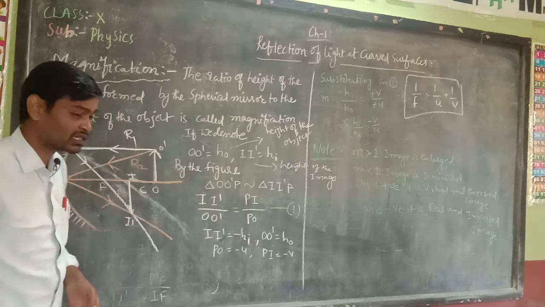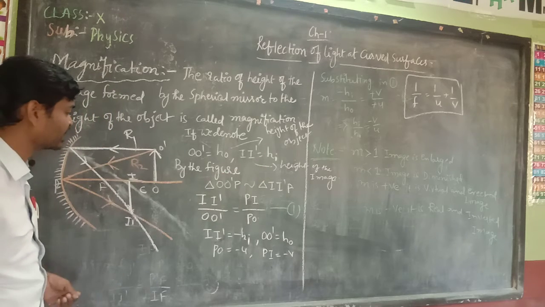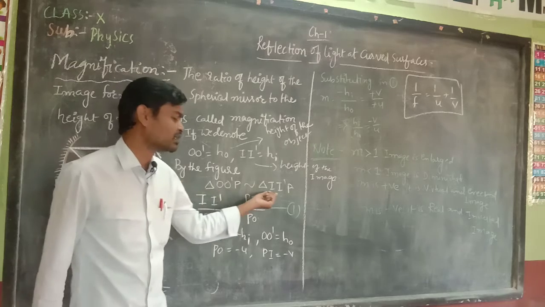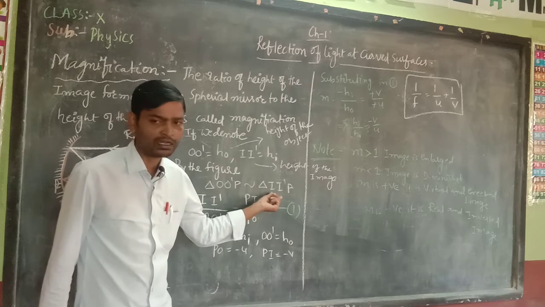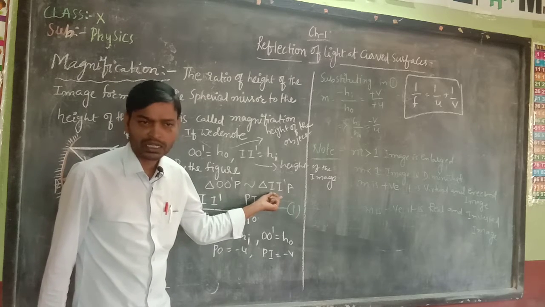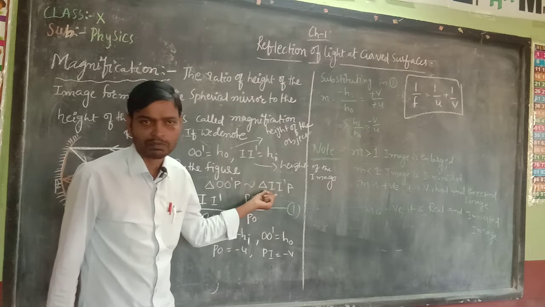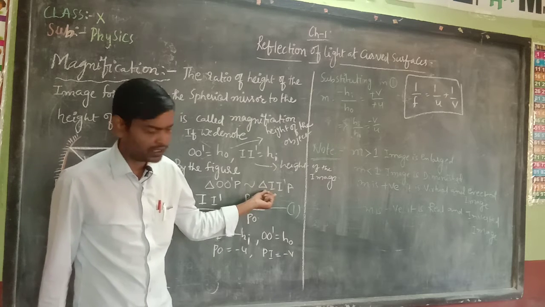In the last derivation we have studied that if two triangles are similar to each other, then the ratio of their corresponding sides are equal.